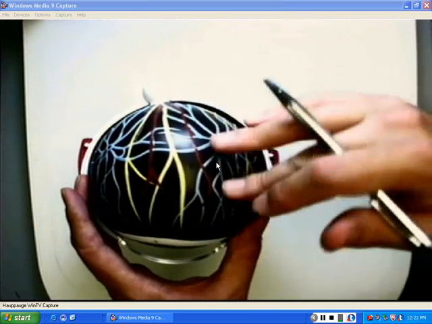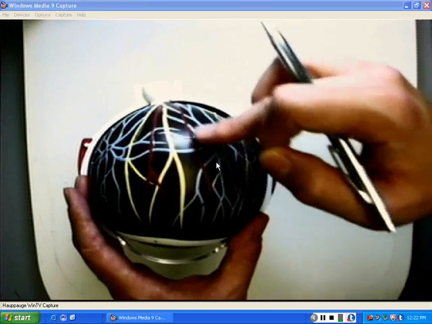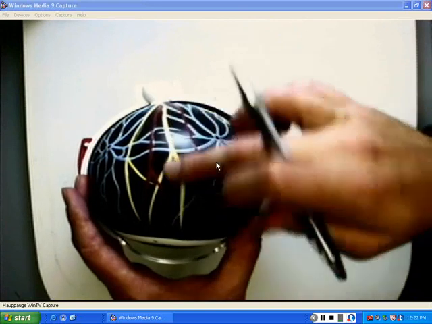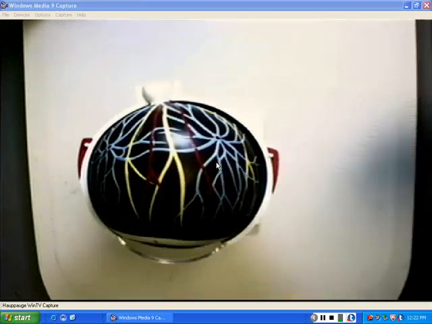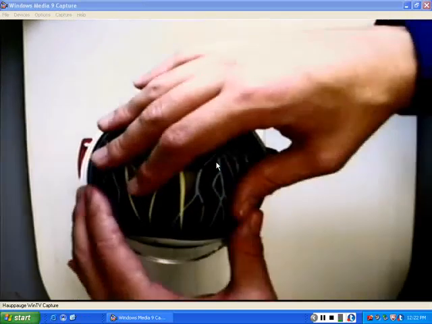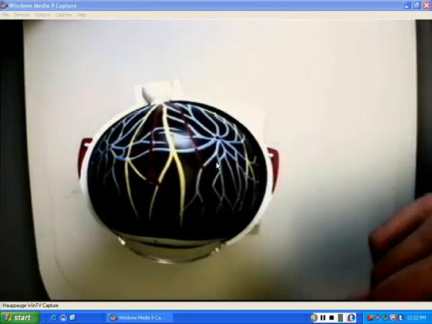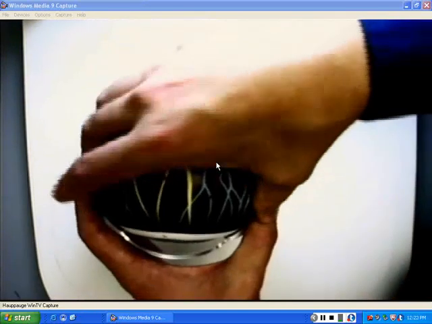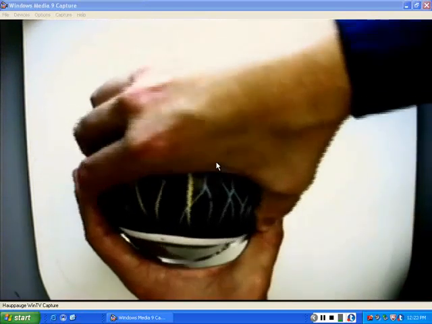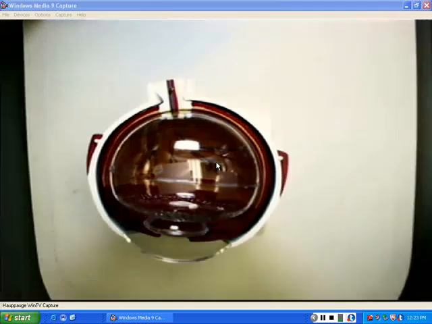So we can see the vasculature on here, blood vessels, both arterioles and venules, and then we can see our nervous tissue on here as well. So this all in situ can be seen on this as the choroid, which is one of the portions of the eye we discussed.